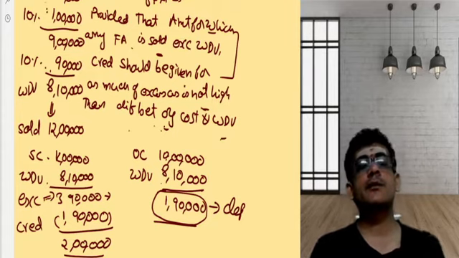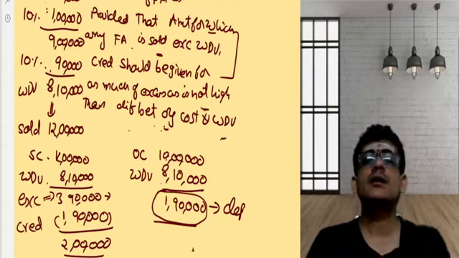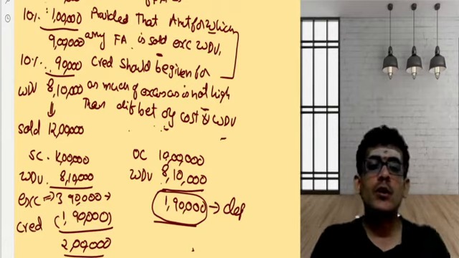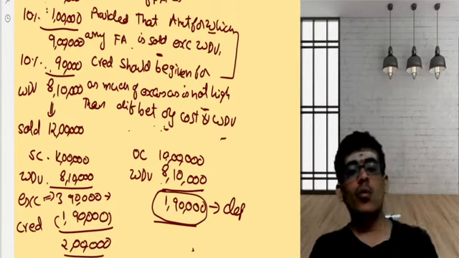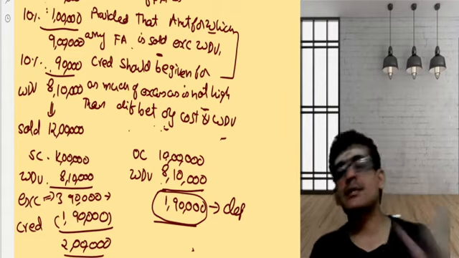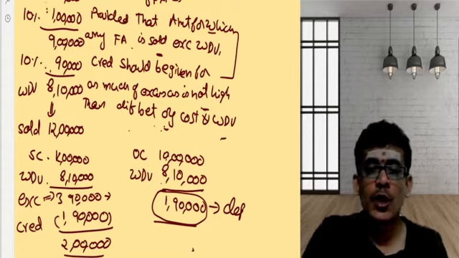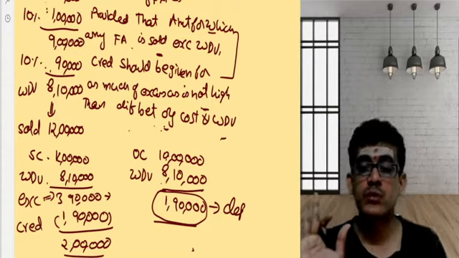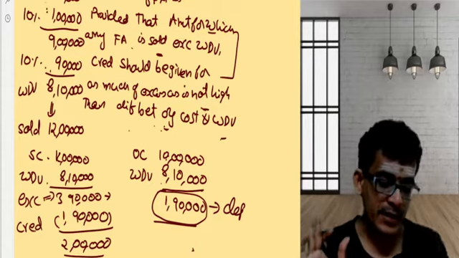Original cost was 10 lakhs and WDV is 8,10,000. The difference is nothing but the depreciation you are claiming. So whatever surplus you get, only the amount which you had taken as a depreciation earlier can be considered as a credit. Remaining things should not be taken as a credit. So that's why this point is very important.